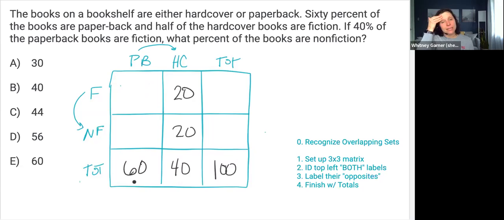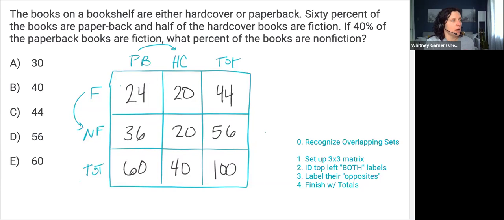To find 40%, I can find 10%, which is move the decimal place once, 6. 6 times 4, so 10% is 6, 40% would be 24. 24 of the paperbacks are also fiction, which leaves 36 nonfiction. And I could calculate around.